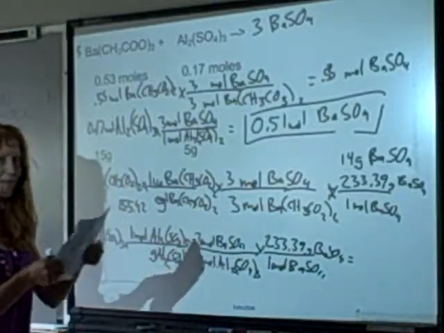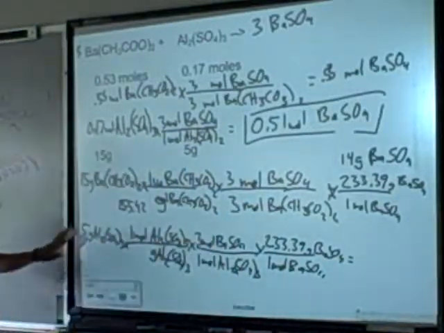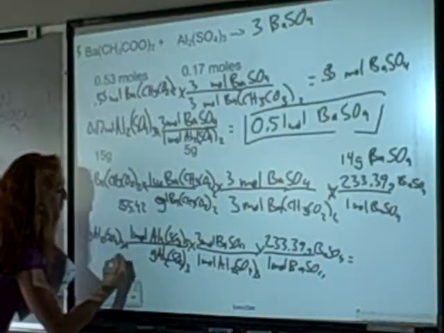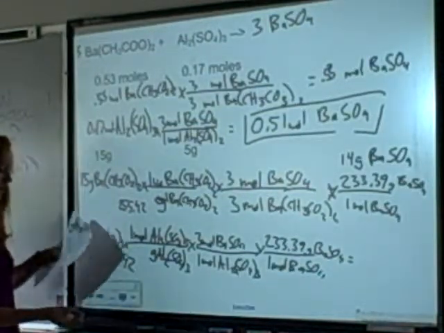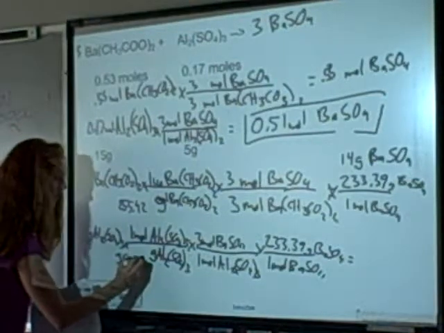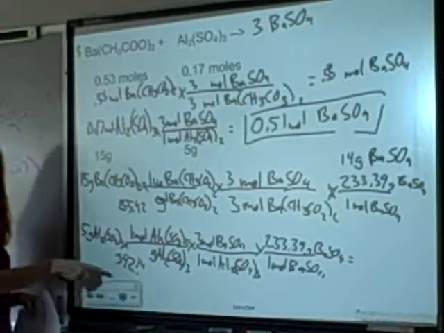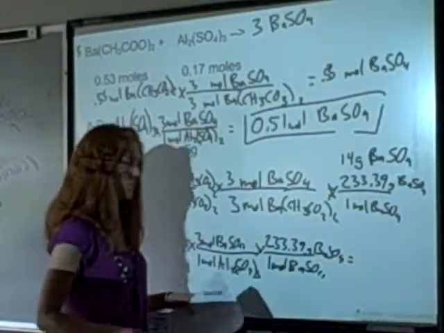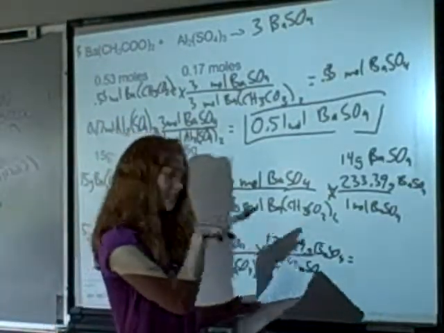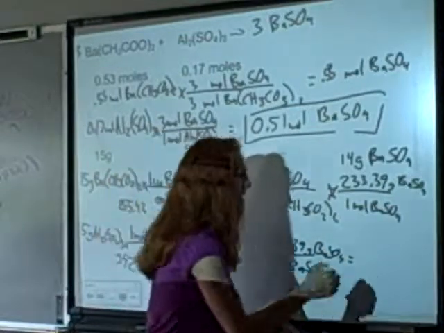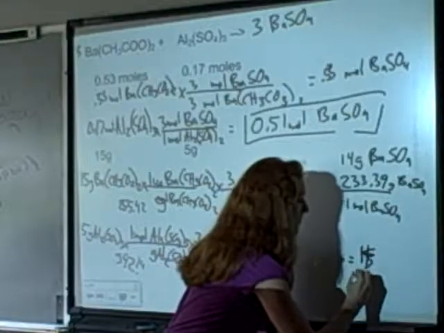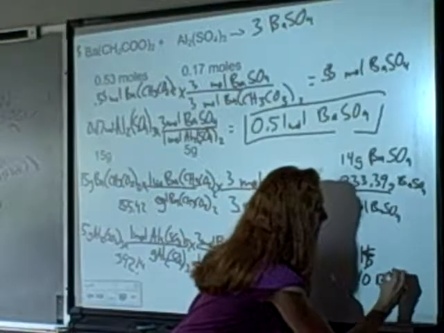Okay, so based on the aluminum, when I type this in, when I go 5 divided by the mass of this guy, which was 342.14 grams, times 3 times 233.39, just multiplying anything that's on top divided by anything on the bottom, I have enough of the aluminum sulfate to make 10 grams of barium sulfate.